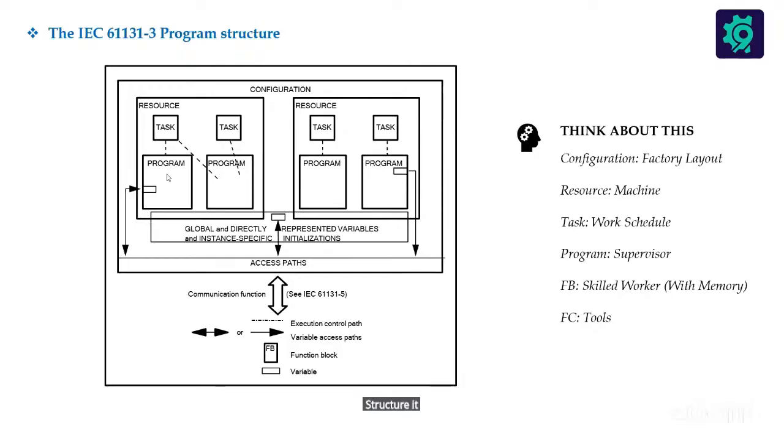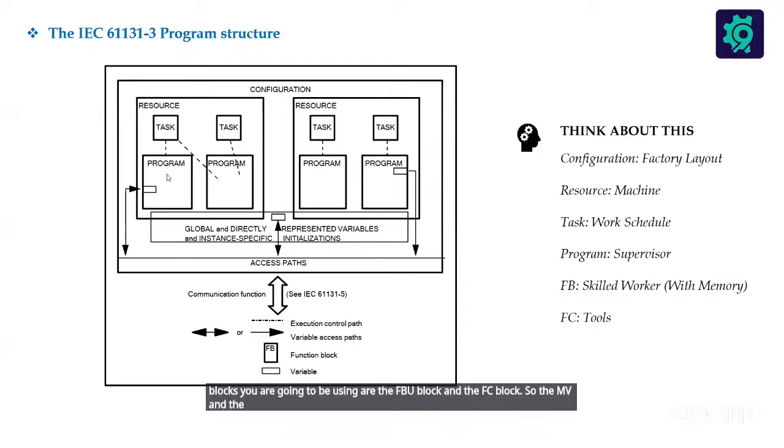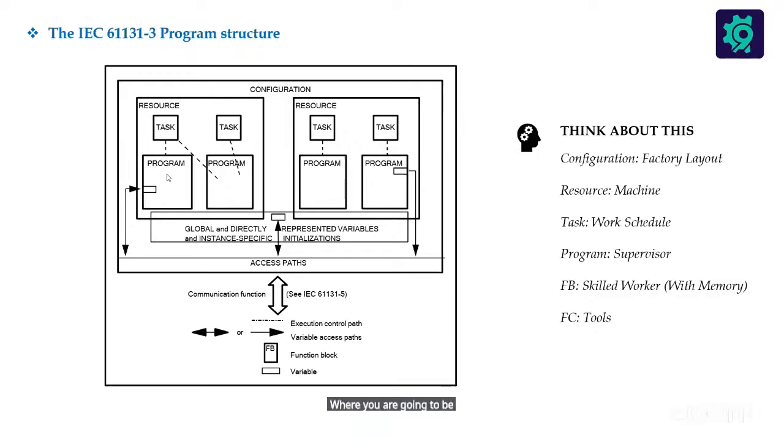When you are structuring it, the blocks you are going to be using are the FB block and the FC block. So the FB and the FC block, in this case, we consider them as the program. Inside those places is where you are going to be writing your program.